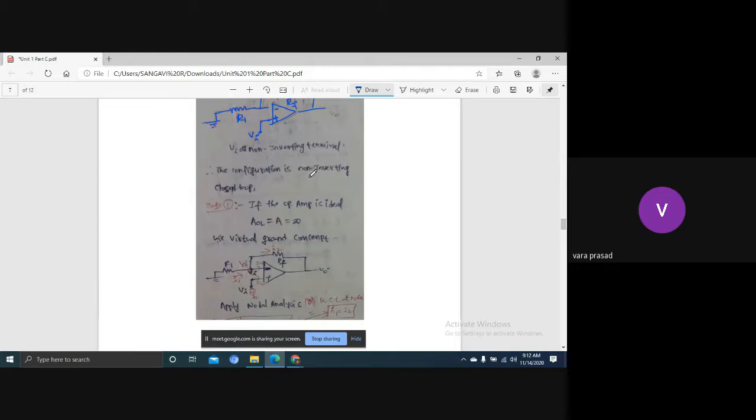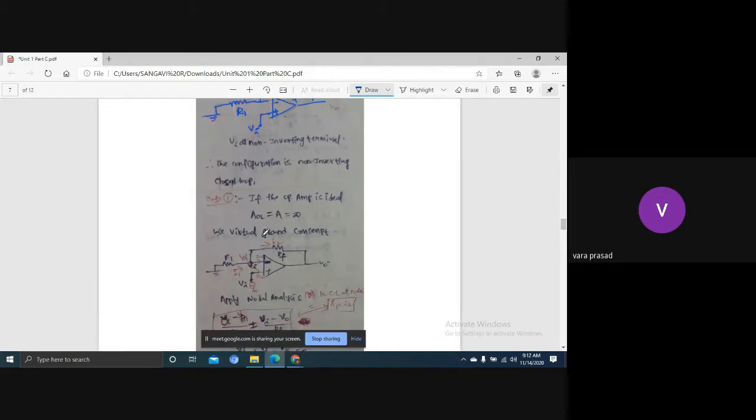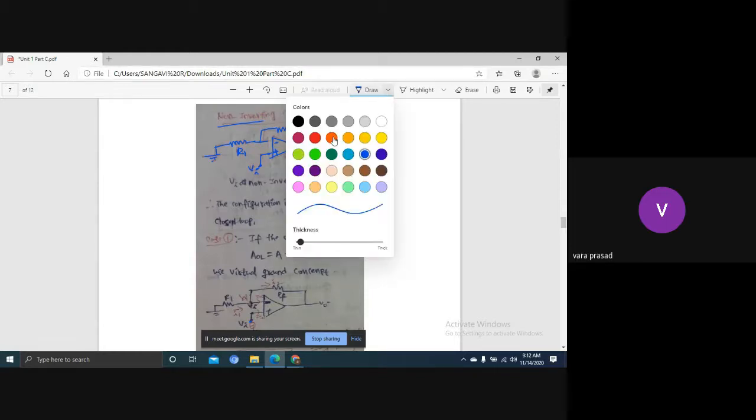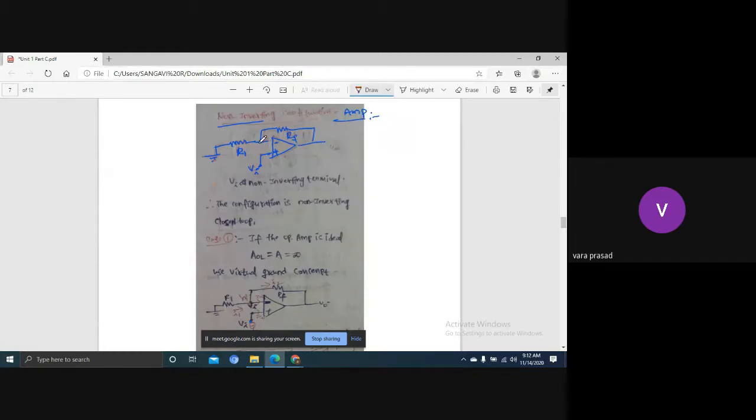Here the virtual ground concept is there. What is meant by virtual ground? Listen carefully. Virtual means this terminal and this terminal are both virtually connected to the ground.